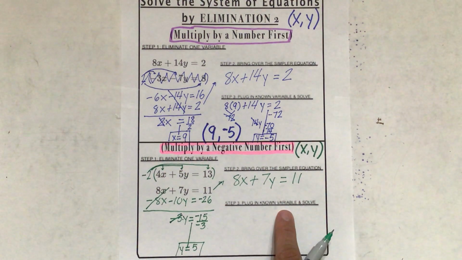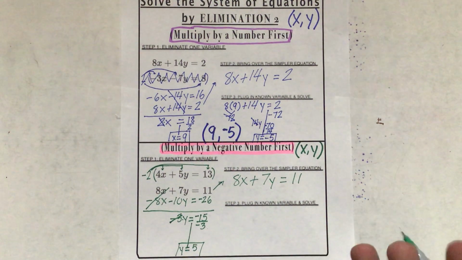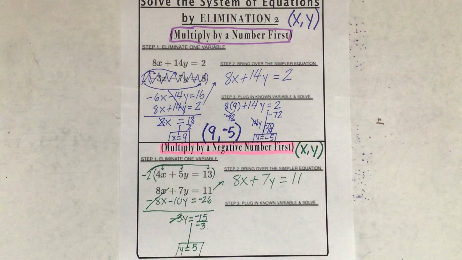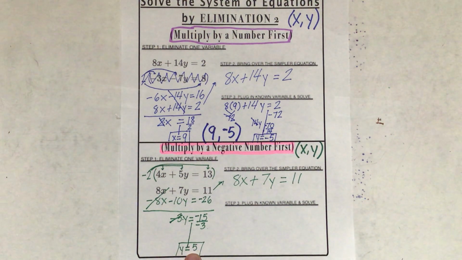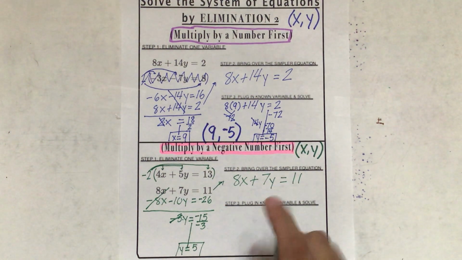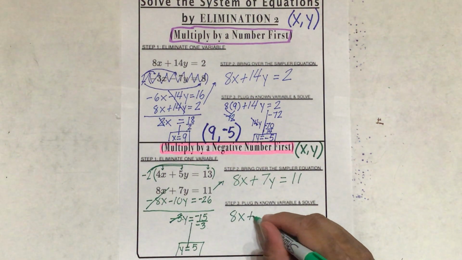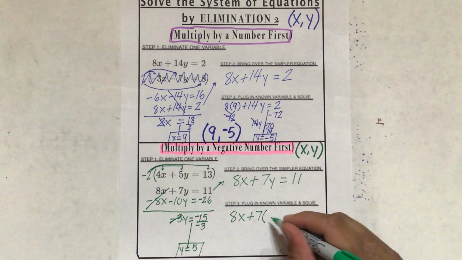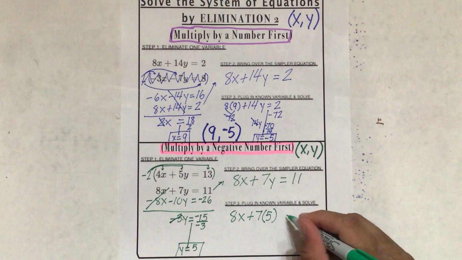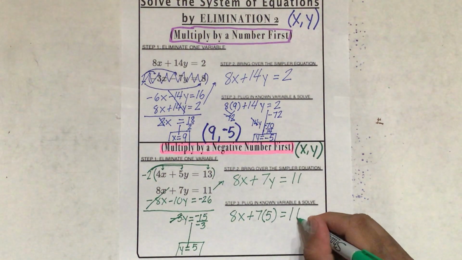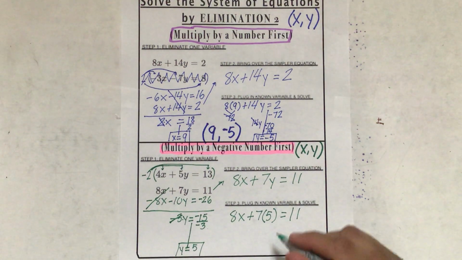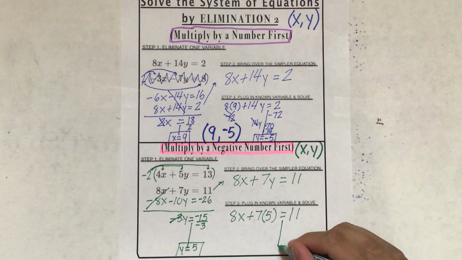Step 3 says plug in known variable. Well, I know that y is equal to 5. So I'm going to plug in 5 right here in the parentheses. So 8x plus 7 parentheses 5 is equal to 11. So I'm going to draw my line of separation here.